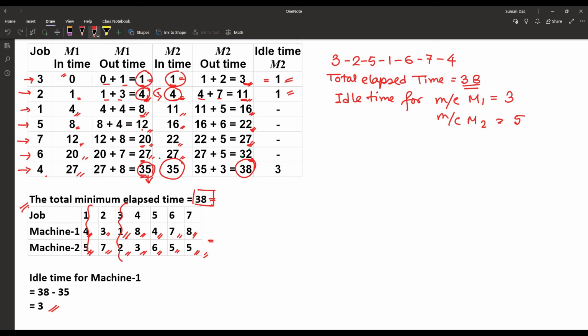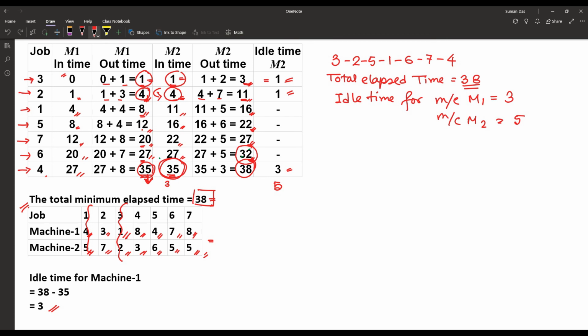But look at the last job: machine M2 ended at 32 for job 6, but for job 4 machine M1 ended at 35. So for job 4, machine M2 has to start from 35. So there is a waiting time for machine M2, and that is 35 minus 32, or 3.